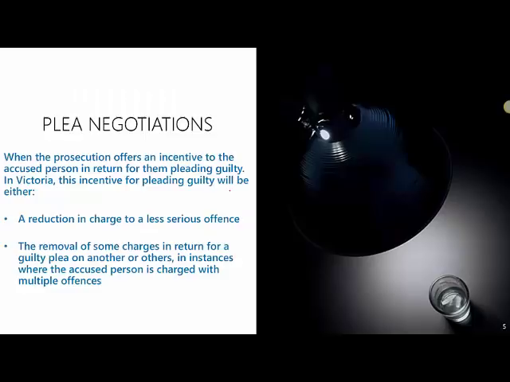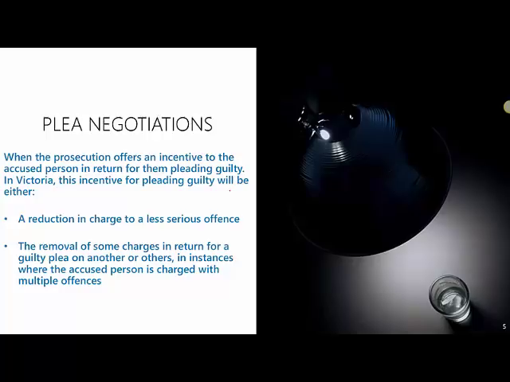Plea negotiations first up. Now I've got the image here of the lamp on the table with the glass of water there, and you can imagine it shining the lamplight in an accused person's eyes, and so on and so forth. Plea negotiations, like I said, is something that you might have seen in American TV shows, particularly Law and Order. This is generally in shows like Law and Order, where the prosecution will go in and say, hey, how about you plead guilty and we'll only get you 5 years in jail?